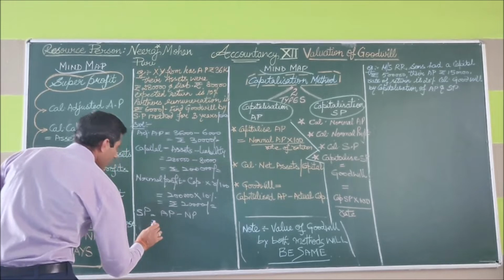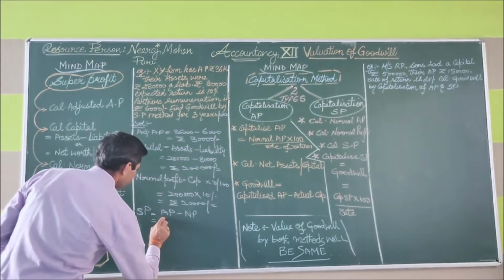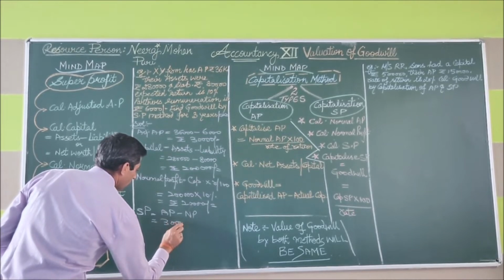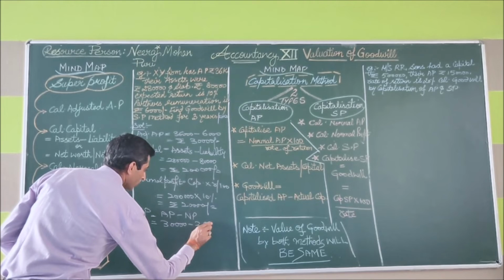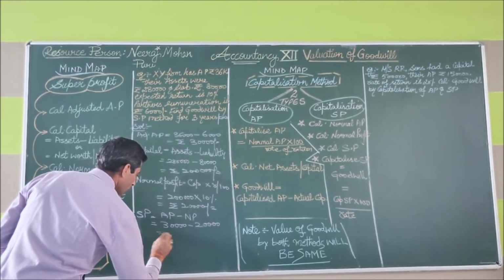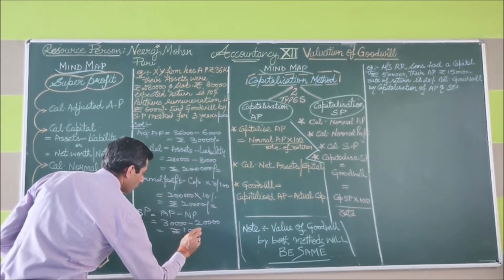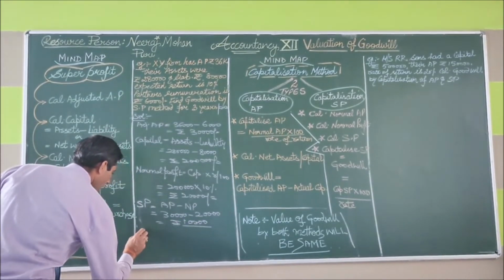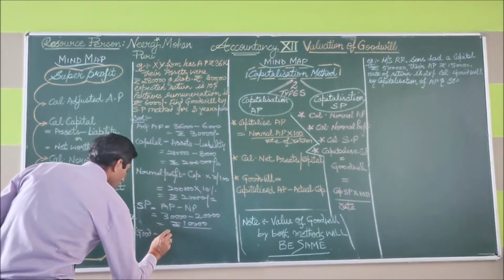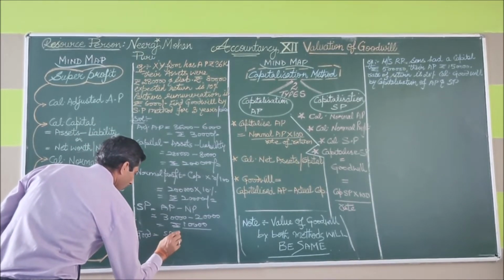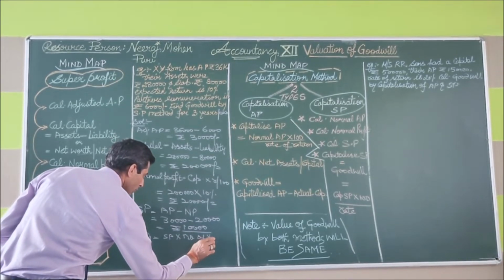Average profit is 30,000 minus normal profit of 20,000. So our super profit turns out to be rupees 10,000. The final step is to find the value of goodwill. Goodwill is equal to super profit multiplied by number of years of purchase.